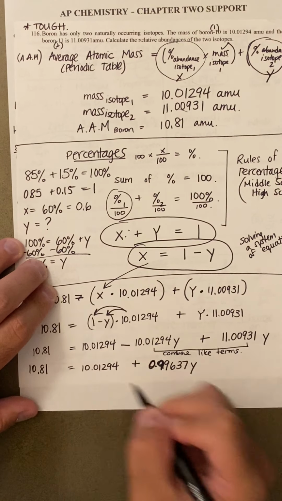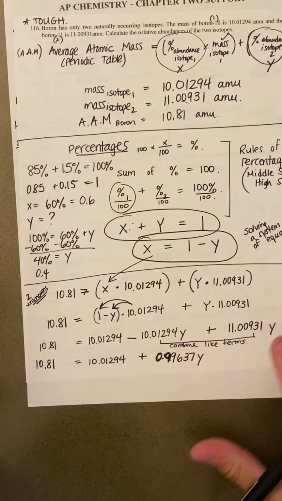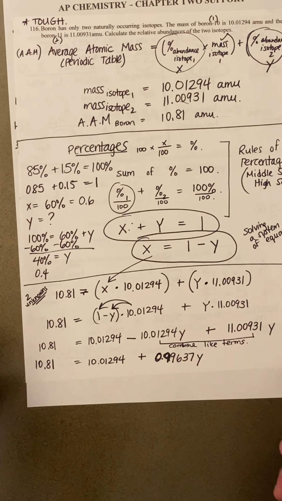This is equal to 10.81, minus the constant term. Now this looks a lot easier to solve. I got rid of all that clutter.